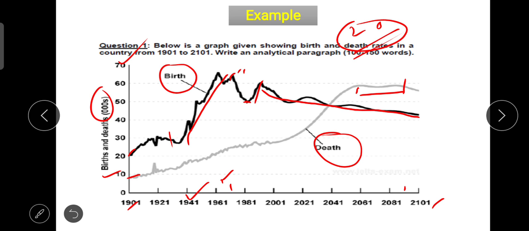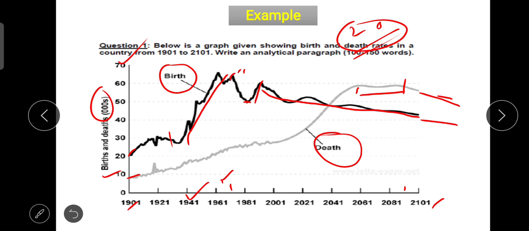A little decline starts. It starts a downward trend. So from this point onwards they start falling down. Birth rate also comes down, as well as death rate also starts falling.